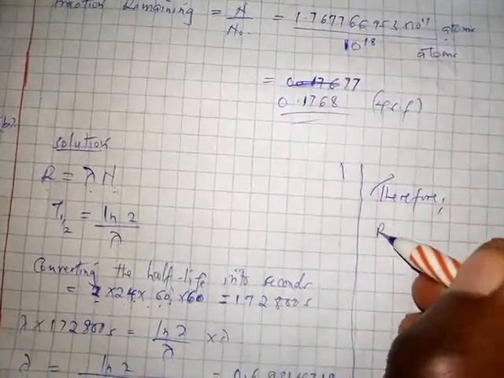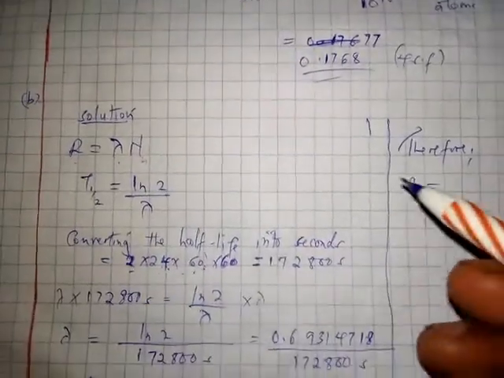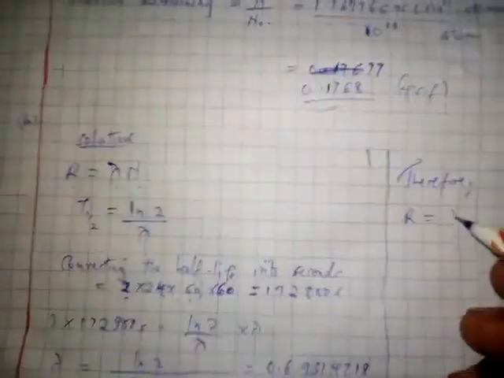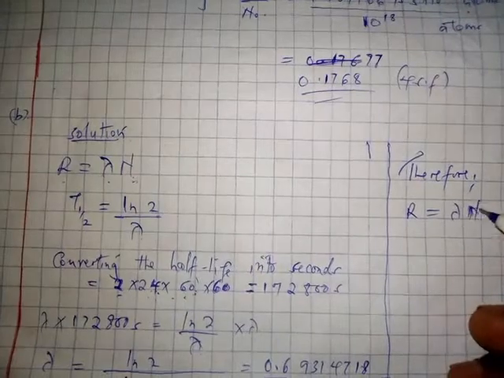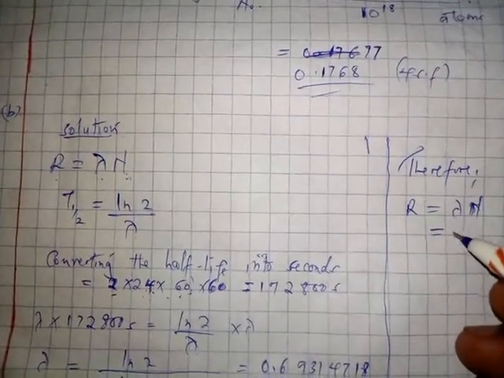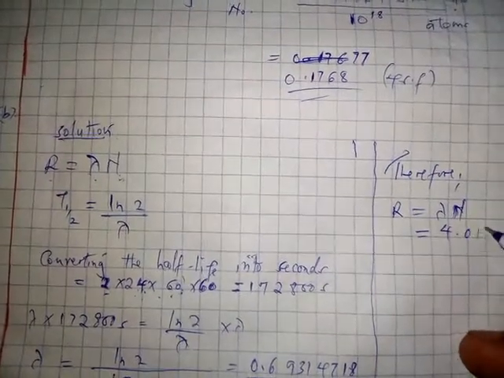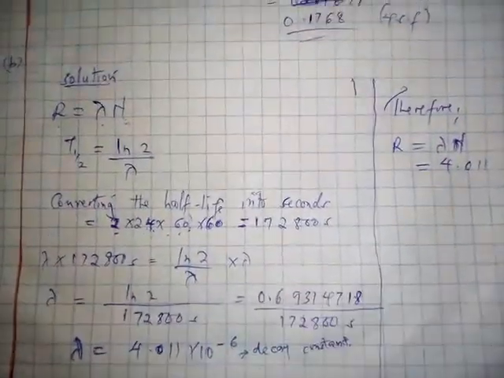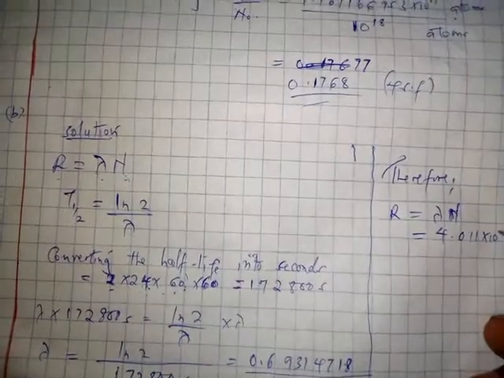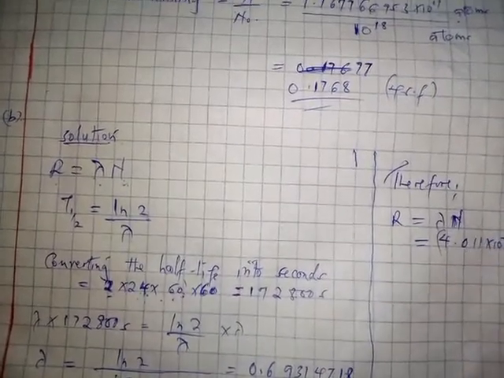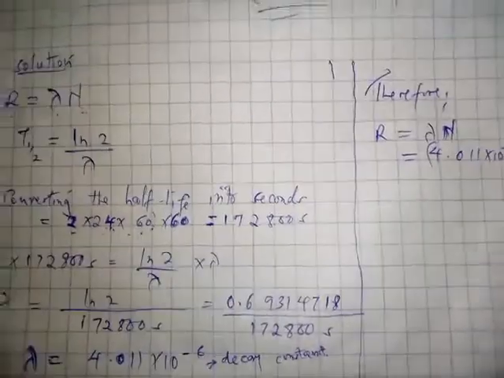And therefore R, which is given by lambda N, will be equal to 4.011 times 10 raised to power -6, then we multiply by N. What is N?